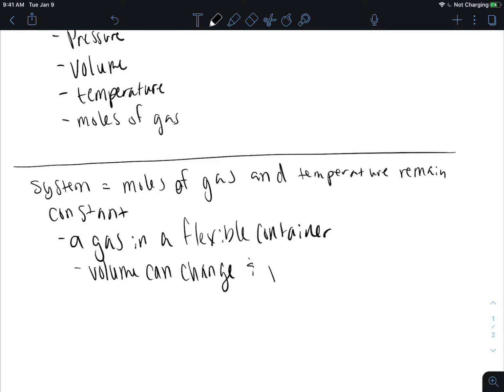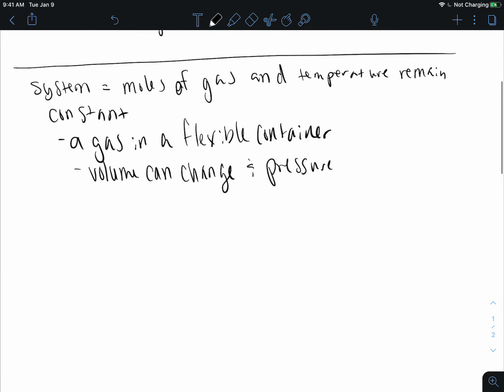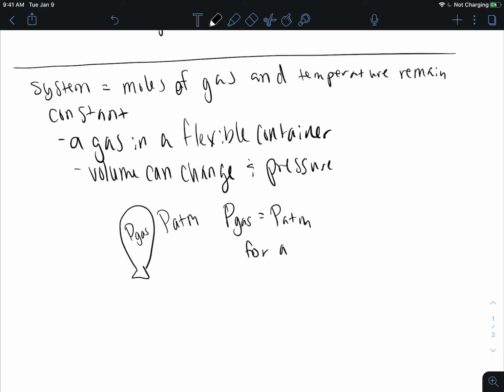and pressure. Also with a flexible container, like a balloon, the pressure on the inside of the gas is the same as the atmospheric pressure. So the pressure of our gas, the pressure of our atmosphere will be equal for a flexible container.